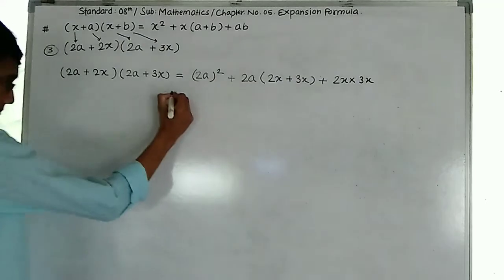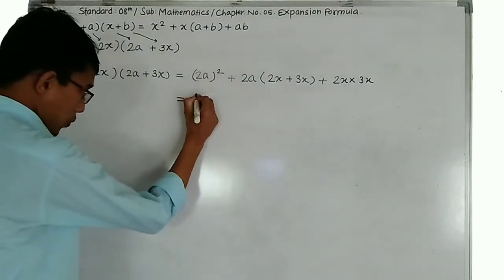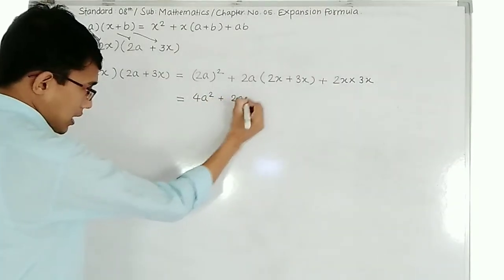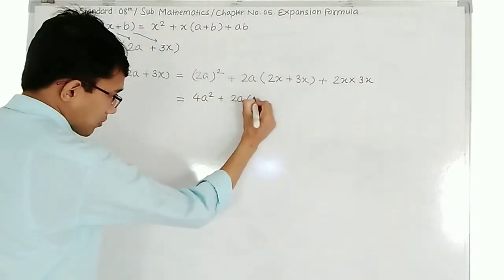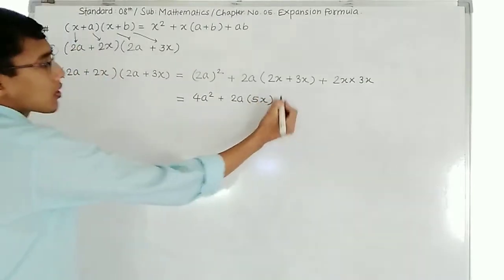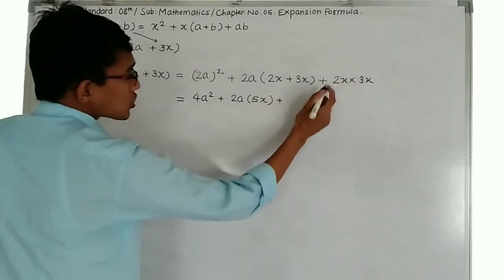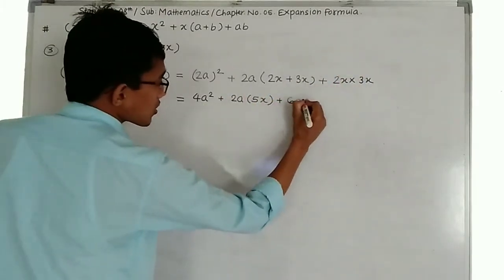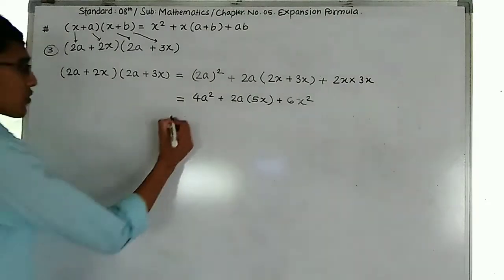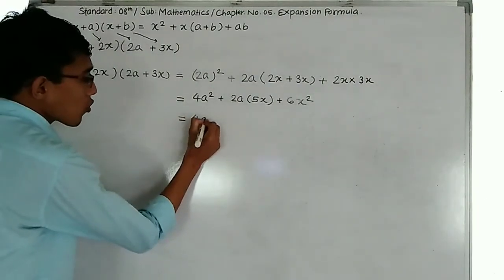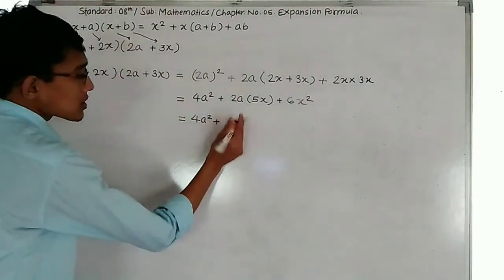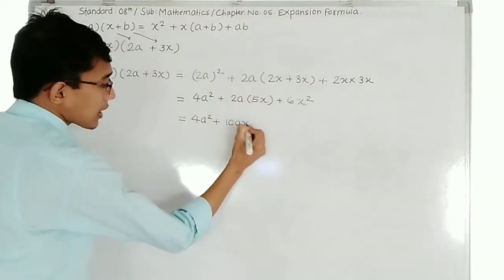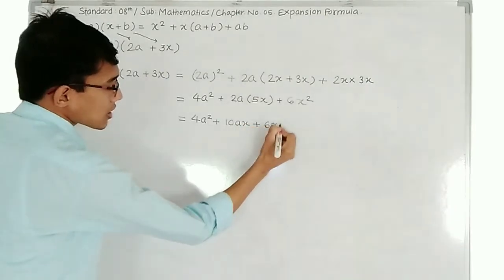So what I am getting, 2a square, so 2 square is 4 and a square, plus 2a into 2x plus 3x is nothing but 5x, plus 2x into 3x, so 2 3s are 6 and x into x is nothing but x square. So we have got 4a square plus 2 5s are 10, a into x, ax plus 6x square.